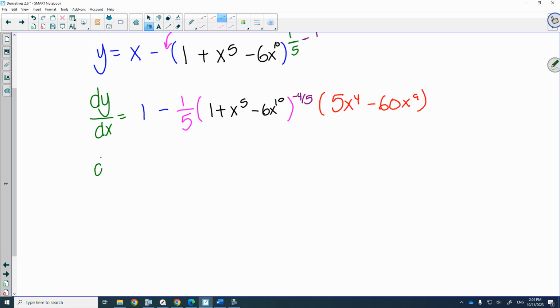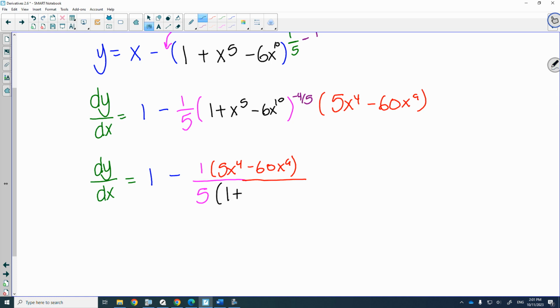So dy dx is equal to, and then I'll show you later on how we could clean it up further, but for now, 1/5, (5x to the 4 minus 60x to the 9), all over, and that would be to the 4/5.